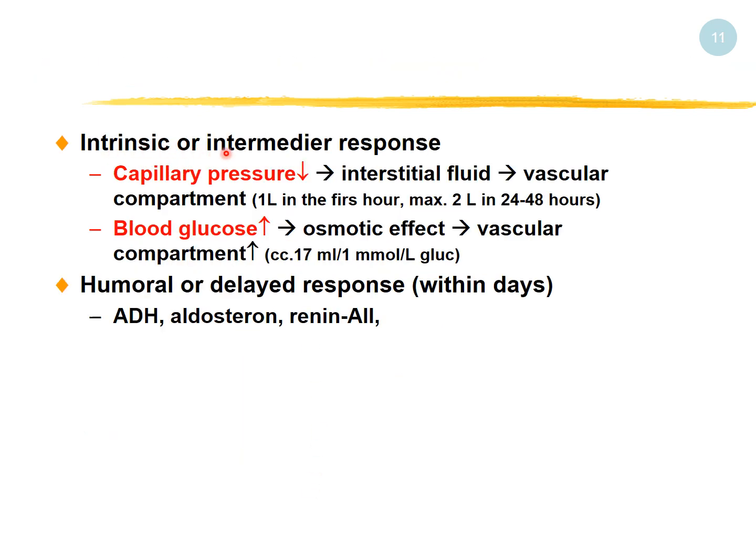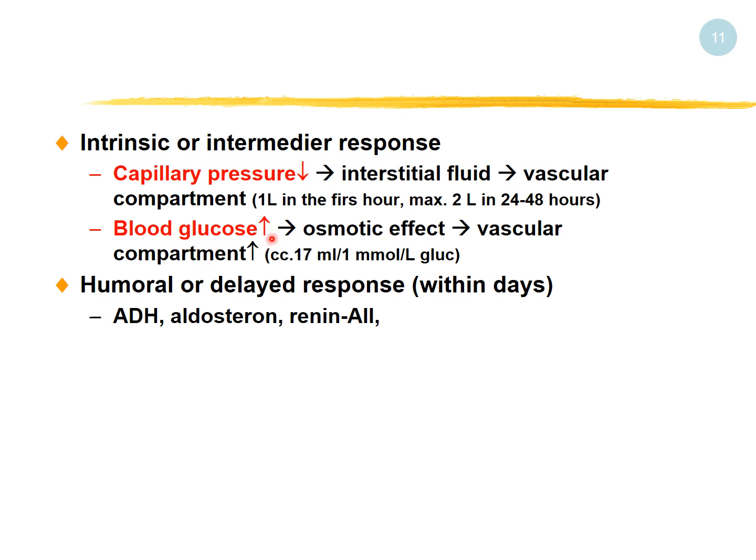The other one is the intrinsic or intermediate response, which usually happens a little bit later on. For example, when the capillary pressure decreases, the interstitial fluid goes back to the vasculature, and that means in the first hour we can have about 1 liter of autotransfusion that maintains the vascular fluid level, but a maximum of 2 liters can come back from the interstitial spaces.